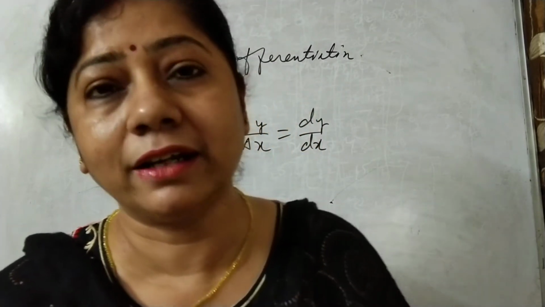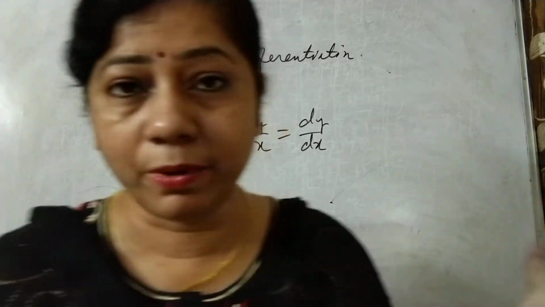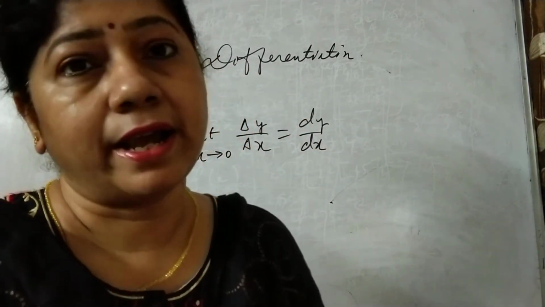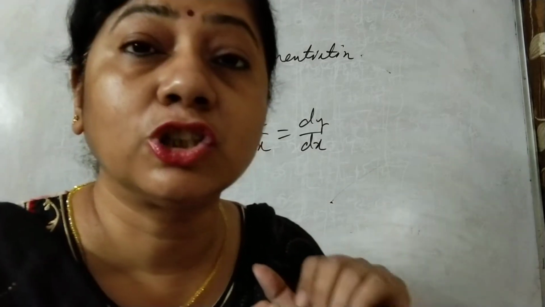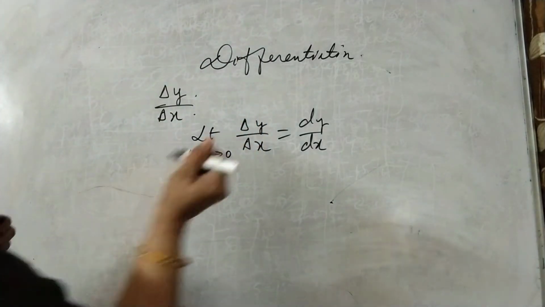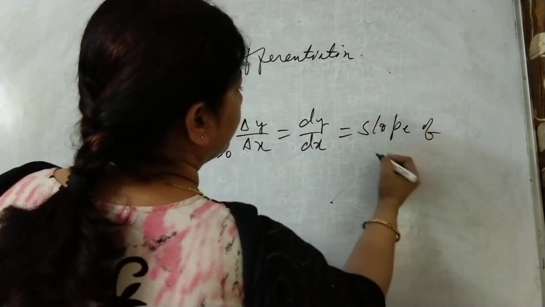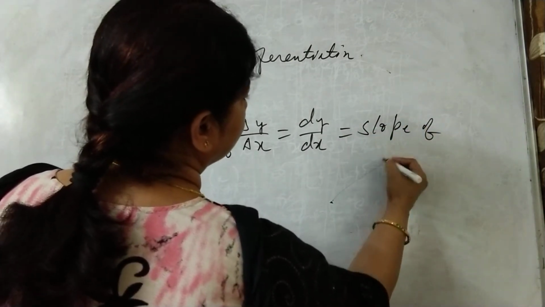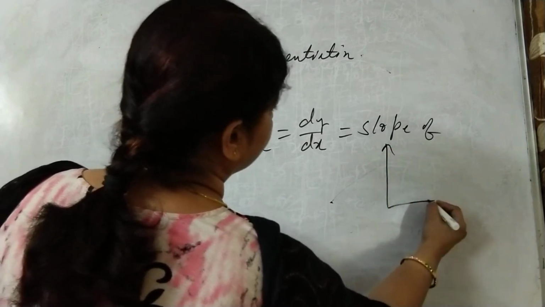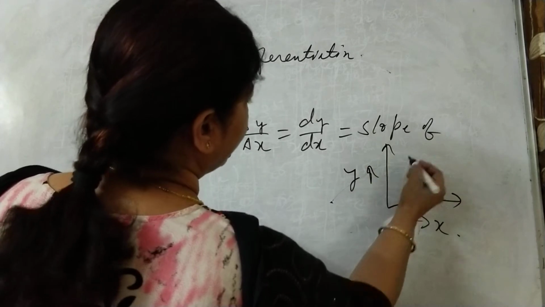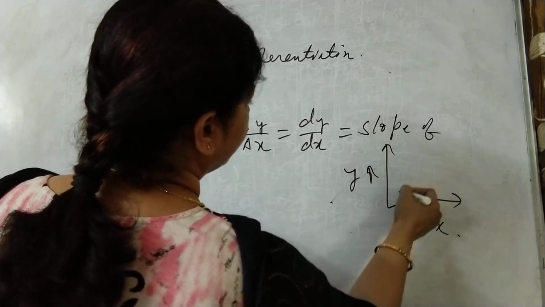Now how we will use this calculus: if you are plotting a graph between y and x, then dy by dx represents the slope of the xy graph. Suppose this is the x-axis, this is the y-axis, and you get a curve or a straight line.